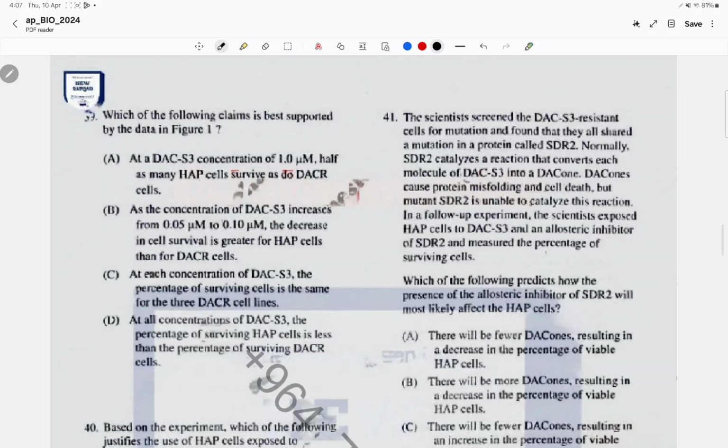Okay, question 39. Which of the following claims is best supported by the data in figure 1? So let's see figure 1.